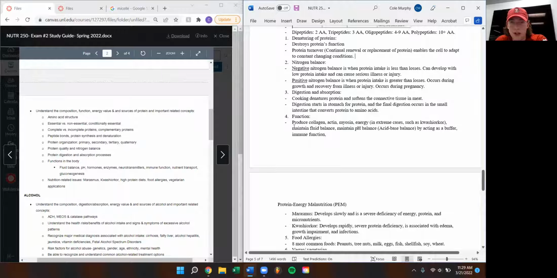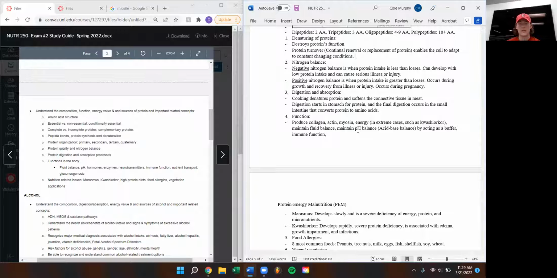And then we'll look at function here. Protein produces collagen, actin, and myosin, and in extreme cases, like when you're extremely malnourished, it's used as energy. It's also used to maintain fluid balance and pH balance, so it acts as a buffer.